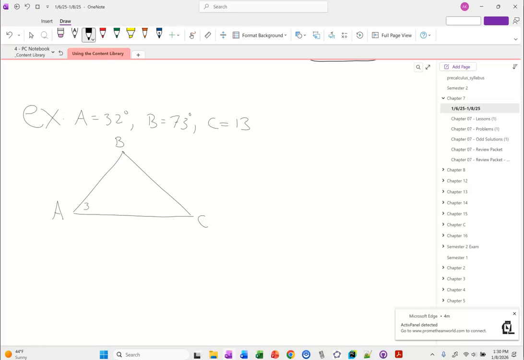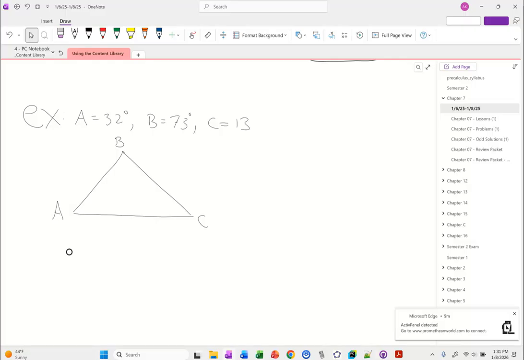Then, before I add in what I'm given, I need to label my sides. How do we label the sides again? Remember, there's a specific way we have to do this. Good.